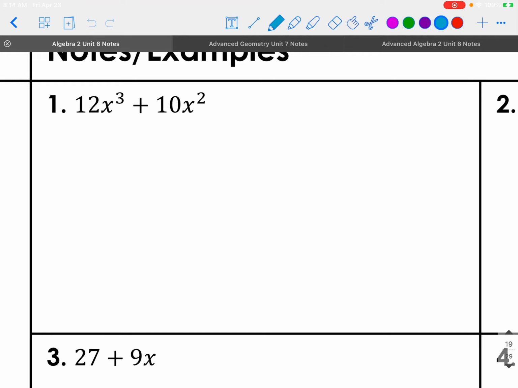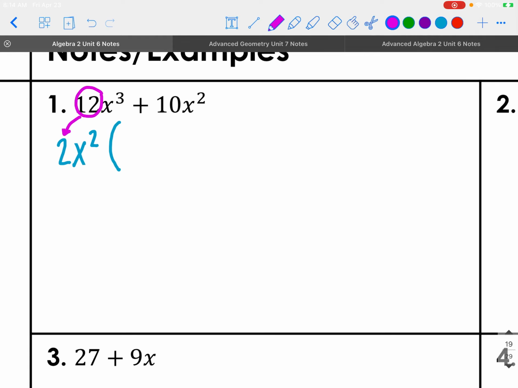In 10, it's 1 and 10, 2 and 5. So the only number they even had in common was a 2. And then for the x's, I can only take 2 of them away because the 10 did not have more than 2 to give. So then we write down what is left.